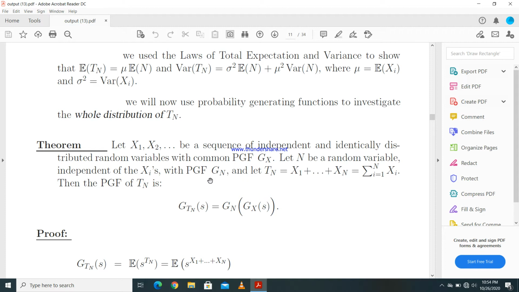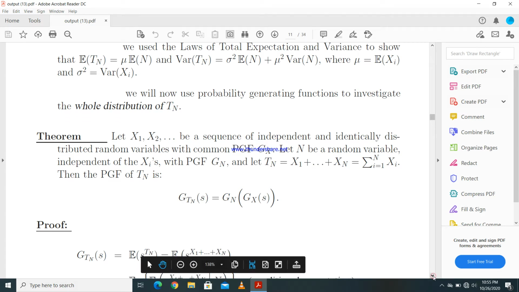That is, to find the probability generating function of the randomly stopped sum, first you find the probability generating function of the random variable X, and then you substitute that in as the variable of the probability generating function of N. We can actually prove this easily.